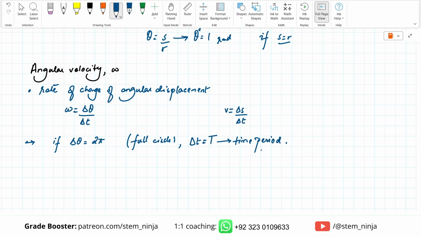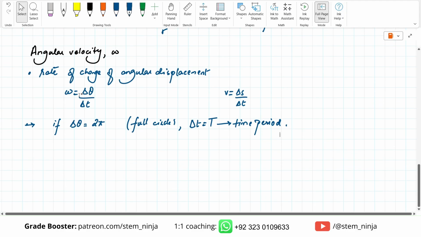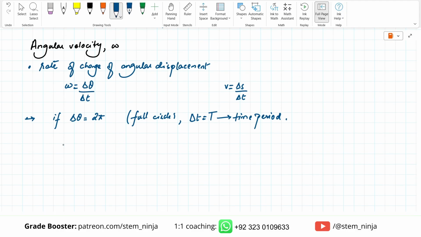So time period is basically the time in which a full rotation or full oscillation is done. So the omega becomes 2 pi over t, where t is the time period.